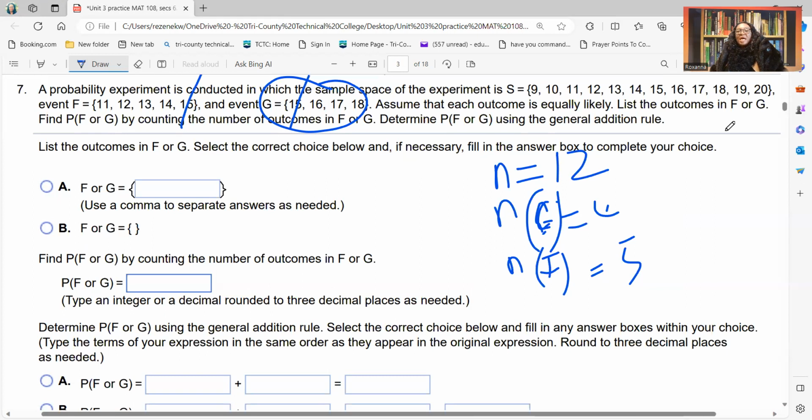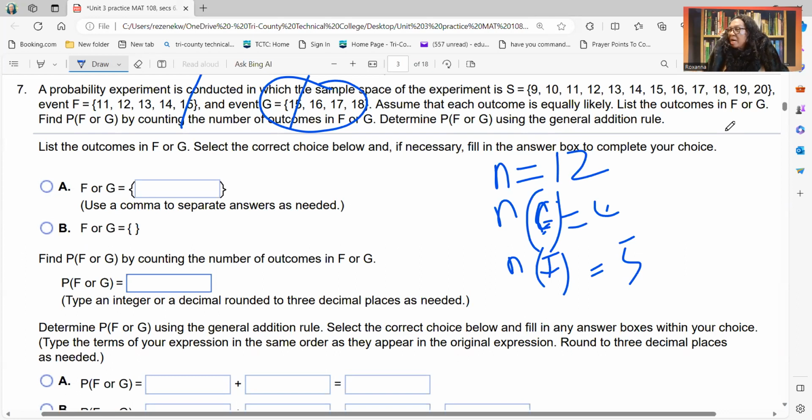List the outcomes of F or G. Remember that or in probability means addition. But there are 2 kinds of or: mutually exclusive and non-mutually exclusive.